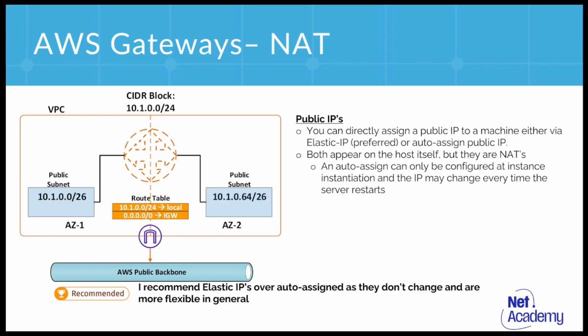You can either use an elastic IP, which I prefer, and I'll describe why, or you can do something called auto-assign public IP. So both will appear on the host itself, meaning if you go into the instance and you go to the networking tab and you look at their NICs, you'll see some of the NICs have a public and a private IP address. It's a little bit disingenuous.